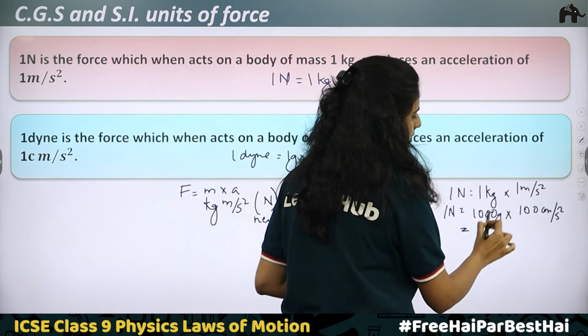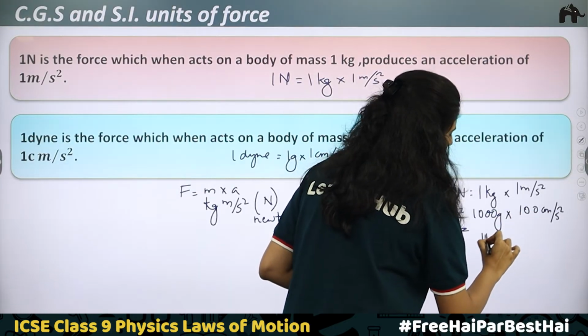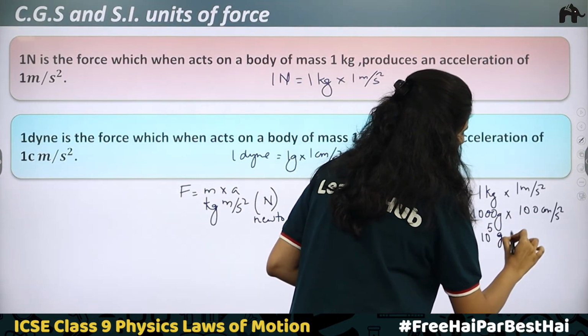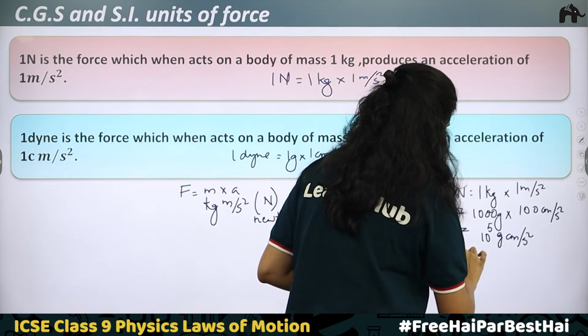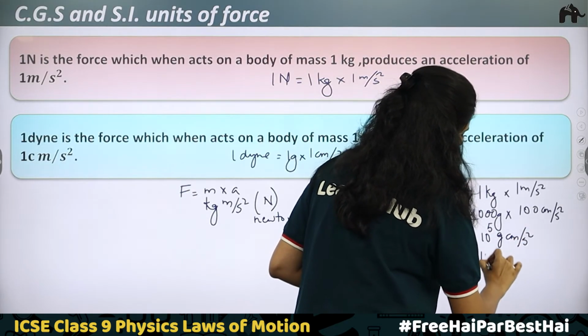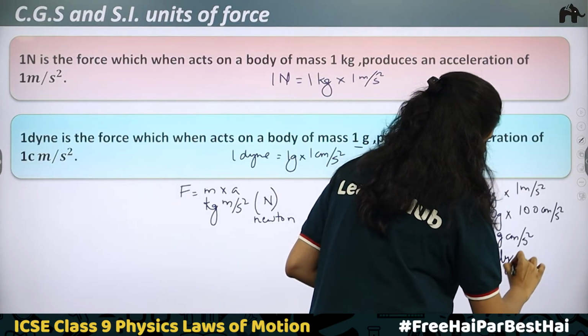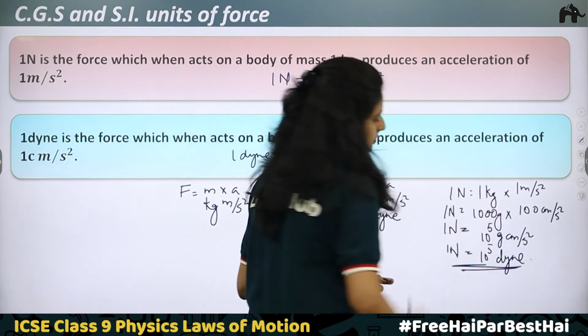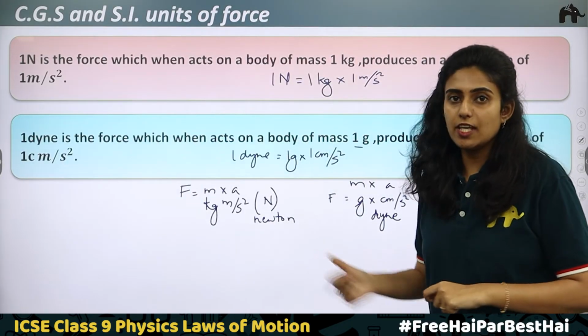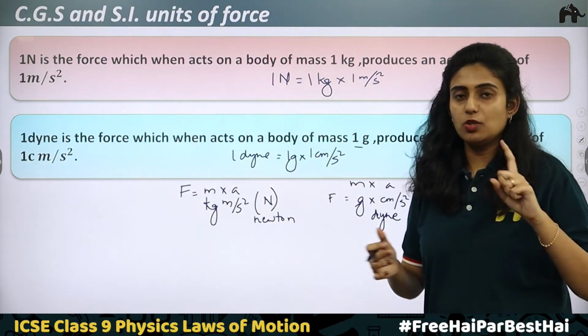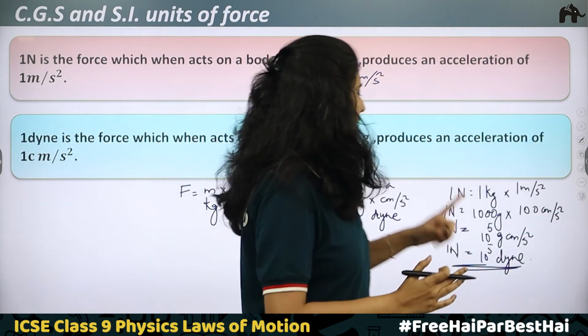How many zeros? 1, 2, 3, 4, 5. So, 10 raised to 5 gram centimeter per second square is 1 Newton, or 1 Newton is equal to 10 raised to 5 dyne. Okay, so this is the relation between the two units of force, one is the SI unit and the other the C.G.S unit. 1 Newton is equal to 10 raised to 5 dyne.